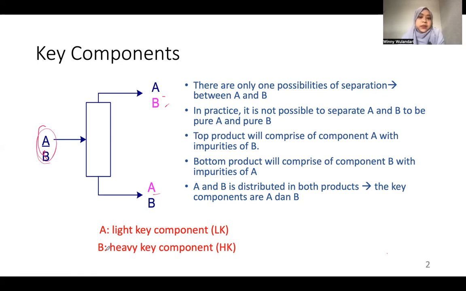A is called the light key component, or LK, which is the lightest component that is found in the bottom product, while B is called the heavy key component, which is the heaviest component of important concentration found in the distillate.